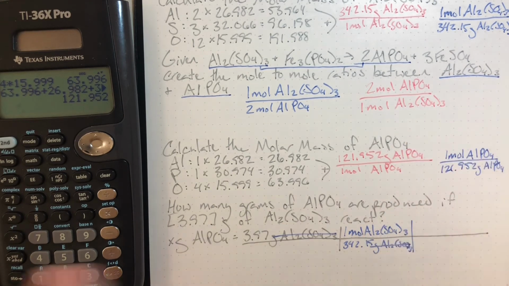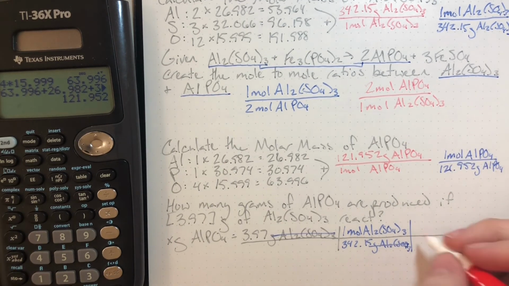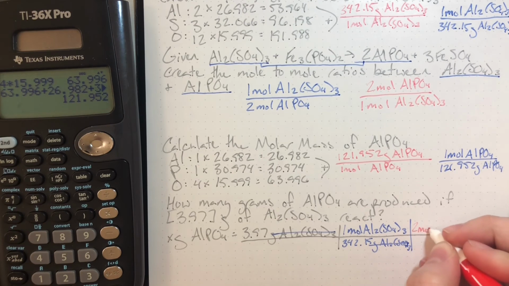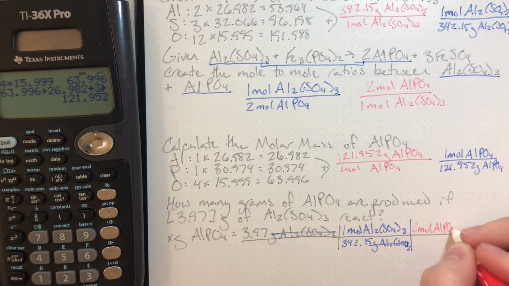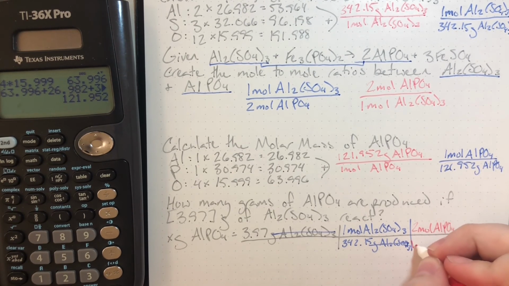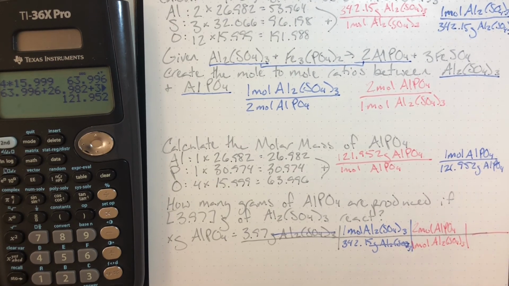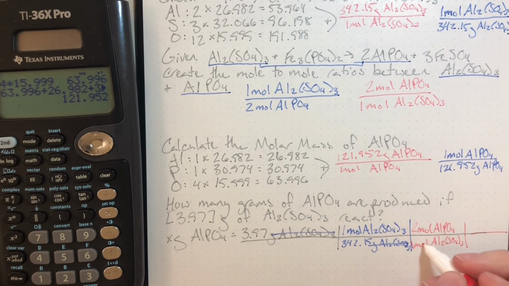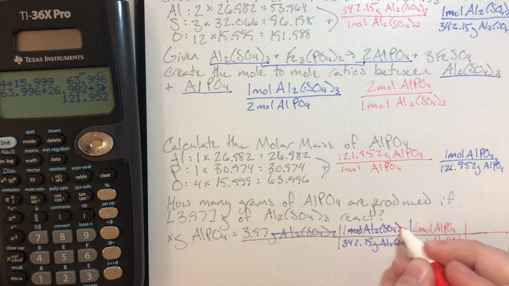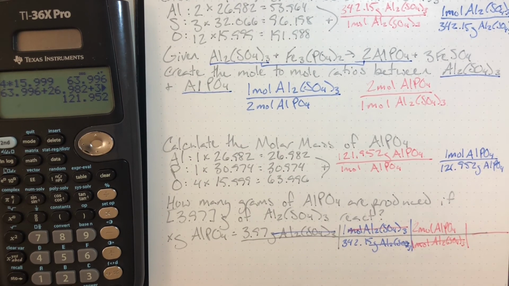That will be my red version here. Moles of aluminum sulfate will cancel as they appear in the numerator and in the denominator.